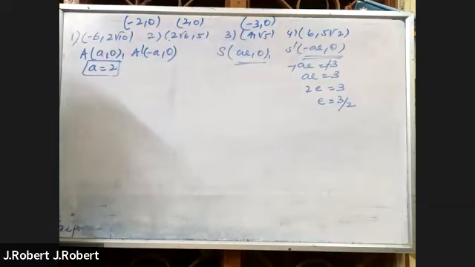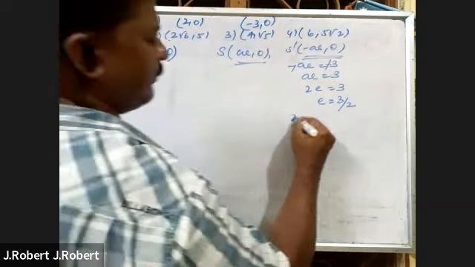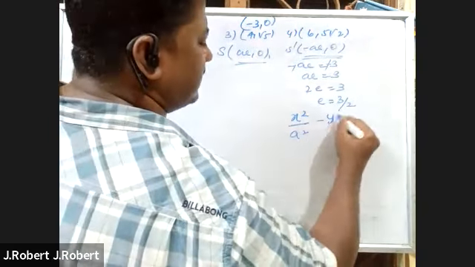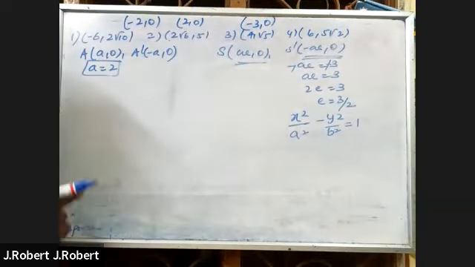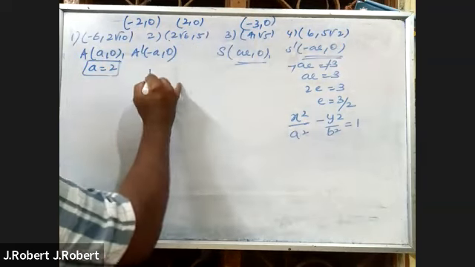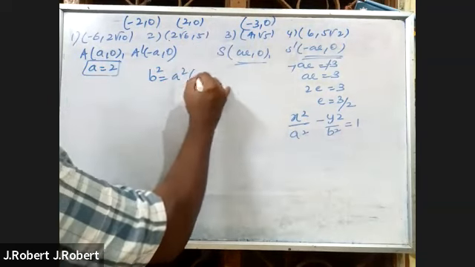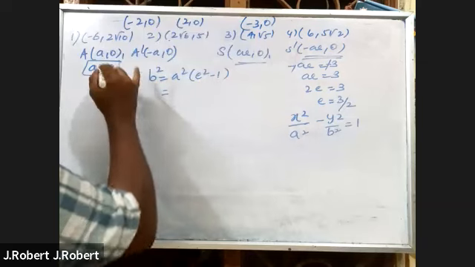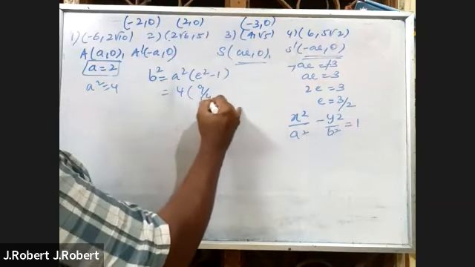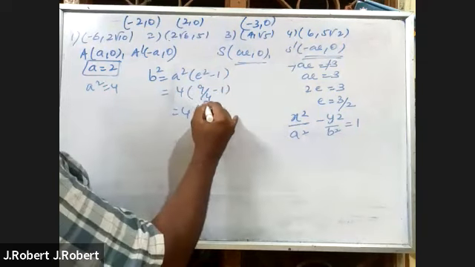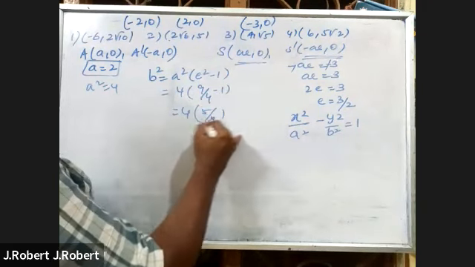So I have to find the equation of the hyperbola. The formula is x square by a square minus y square by b square equals 1. We know the a value, but we have to find only the b square value. Your b square is equal to a square into (e square minus 1). Your a square is equal to 4. 4 into (9 by 4 minus 1), which is 4 into 5 by 4. 4, 4 cancel.